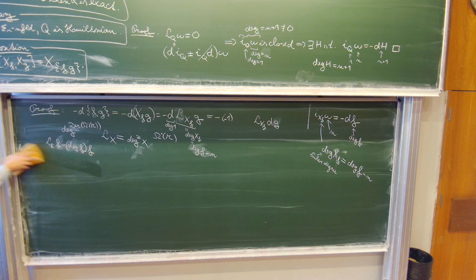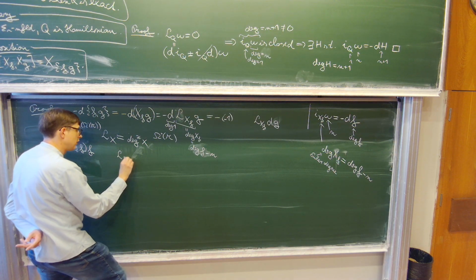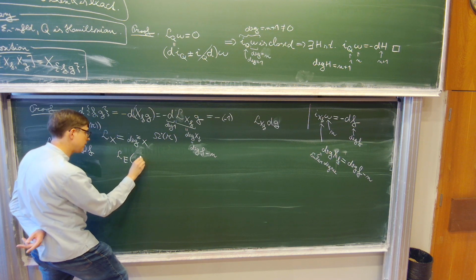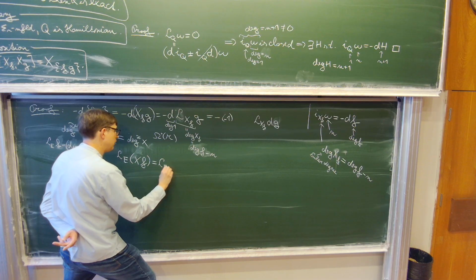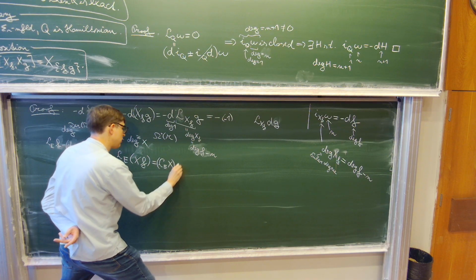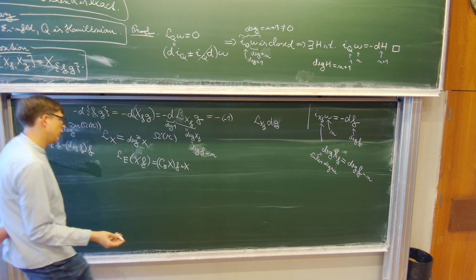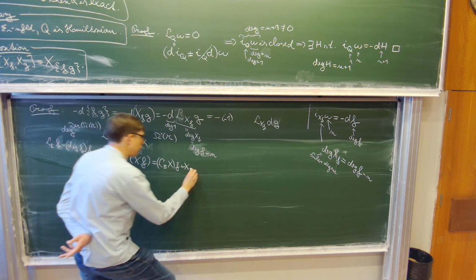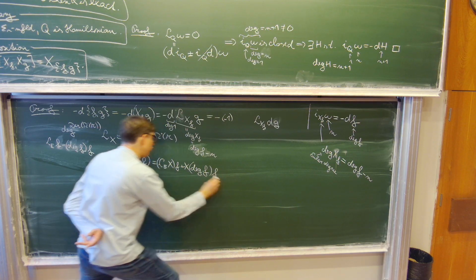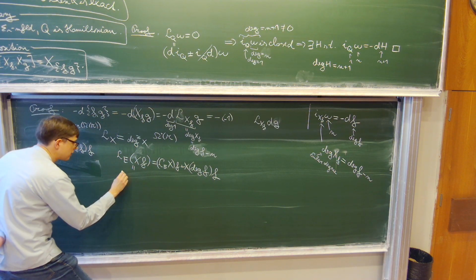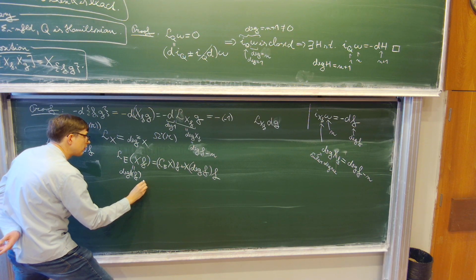Okay, good. So if I do this one on xf, this is Lx times f plus x times the degree of f times f, while this thing is the degree of xf times xf.